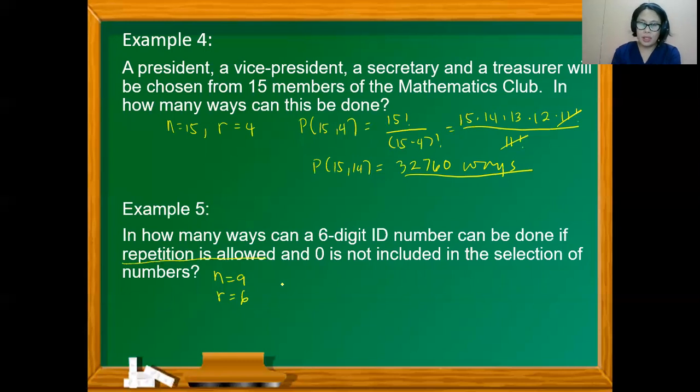The permutation of this is n to the r. So we have 9 to the 6, and 9 to the 6 equals 531,441. So there are 531,441 ways we can arrange a 6-digit ID number when repetition is allowed.